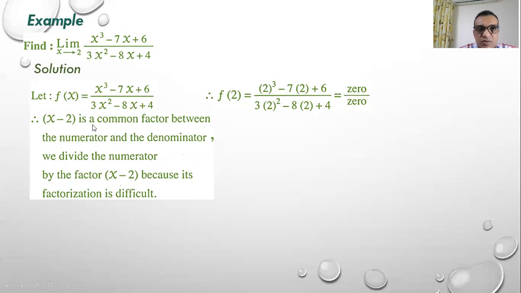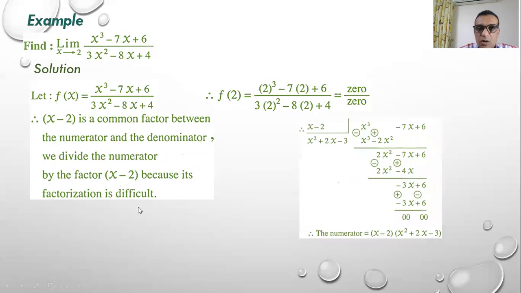Then x minus 2 is the common factor between the numerator and the denominator. By dividing the numerator by the factor x minus 2, because this factorization is difficult, we use long division. We arrange this polynomial x power 3 minus 7x plus 6 divided by x minus 2.